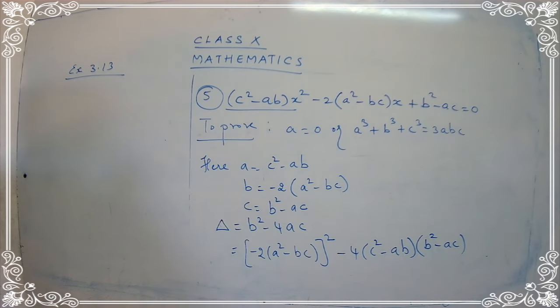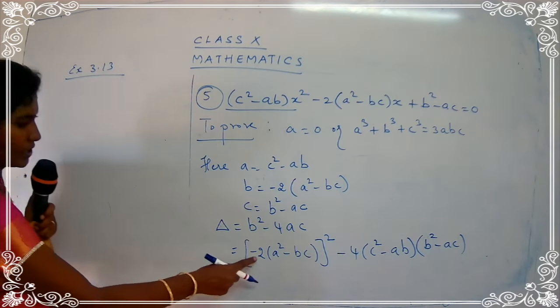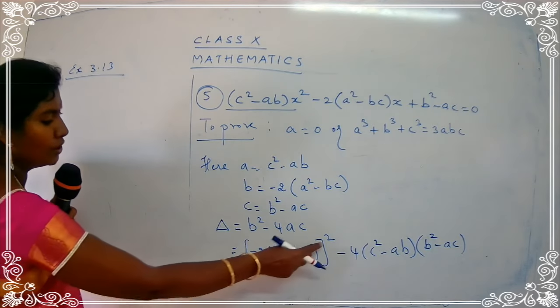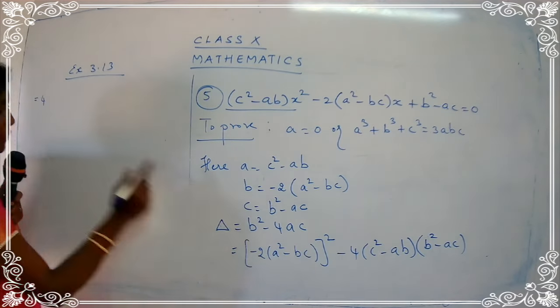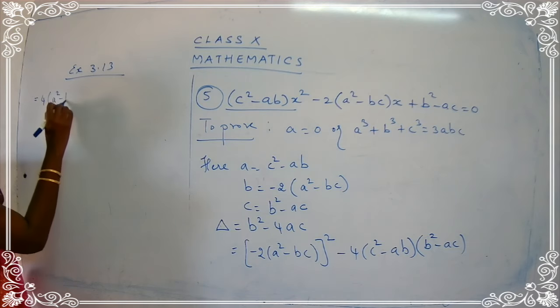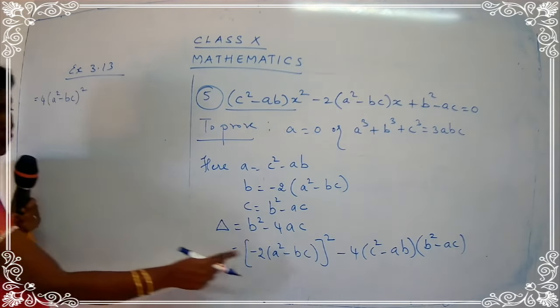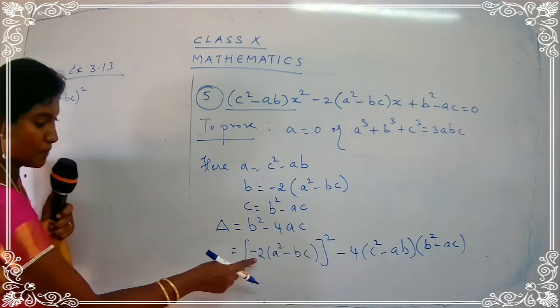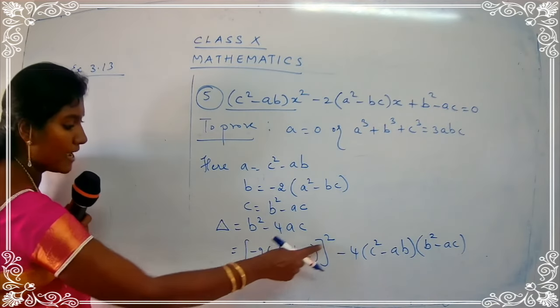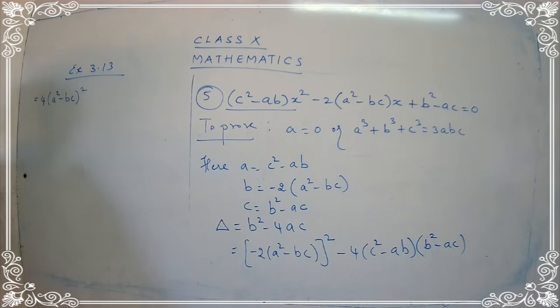Okay, so now we are going to simplify the sum. Let's go for the calculation. This is minus 2 the whole square. Minus 2 the whole square gives you 4, minus 2 into minus 2, 4. Then a square minus bc the whole square. I have told you that the square will go to both the terms. The square will go to minus 2 and also to a square minus bc.